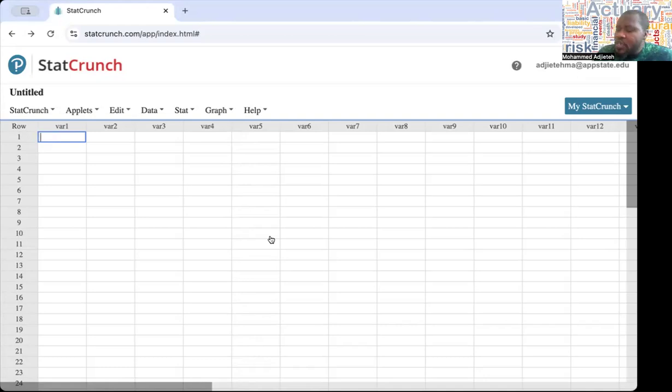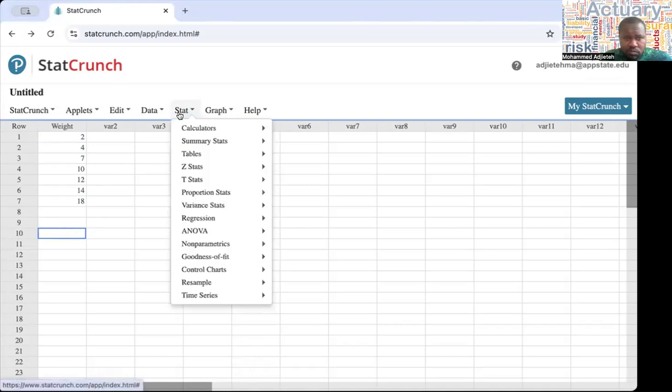Now let's input these numbers. We have 2, 4, 7, 10, 12, 14, and then 18. Let's name this column. It was weight. Okay. Now we want to do all the computations with it.